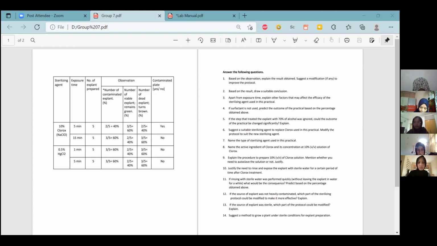Step number 10 is where we start the preparation of explant. So we can just ignore the first steps and go straight to the preparation of explant. That is for number 13.